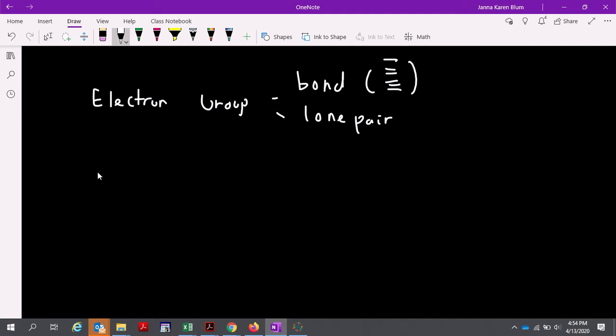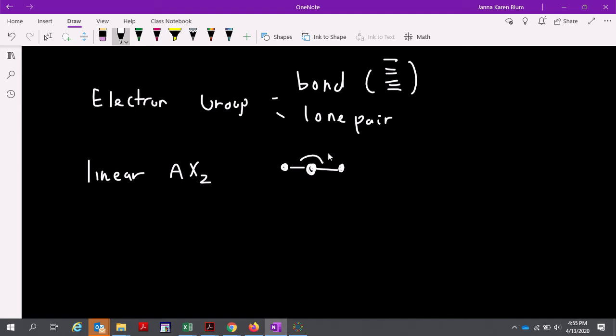So our first electron geometry that we learned about was linear, which has the general formula AX2, where X is a bonding group or a lone pair. And for linear, we have a central atom and then 2 groups attached to that central atom.